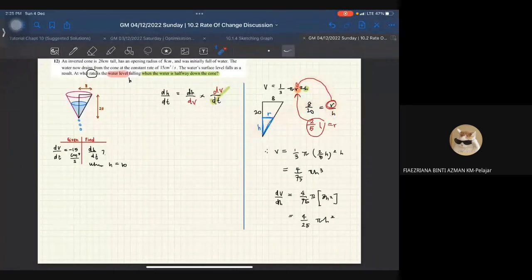Sebab R dengan H tu adalah nilai yang sudah berubah. So maksudnya you need to differentiate first. Okay, so we know that differentiate adalah rate of change. Maksudnya dia adalah perubahan sesuatu benda berdasarkan masa. So bila kita dah differentiate dia, barulah kita boleh masuk nilai yang dah berubah tu. Tapi kita tak boleh masukkan lagi nilai tu awal-awal before kita differentiate dia. Before berlaku any perubahan, you cannot substitute the value yang dah berubah tu. Boleh faham ke?